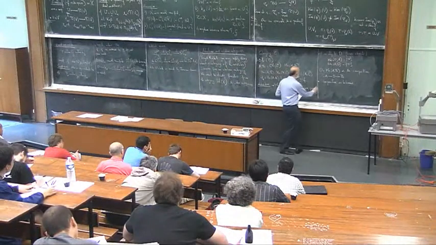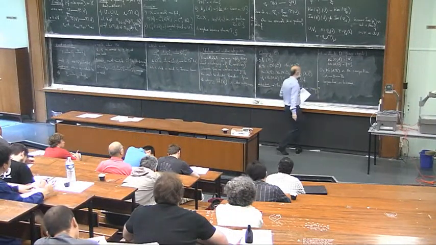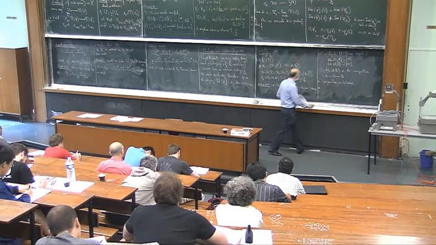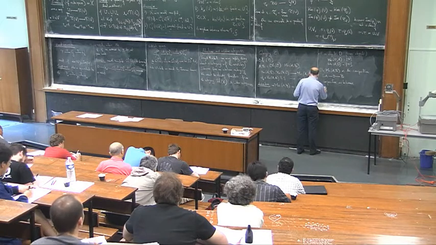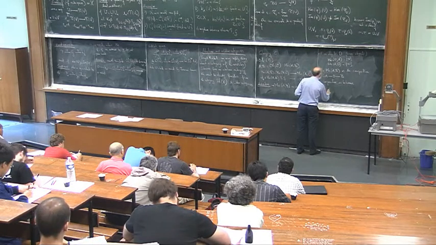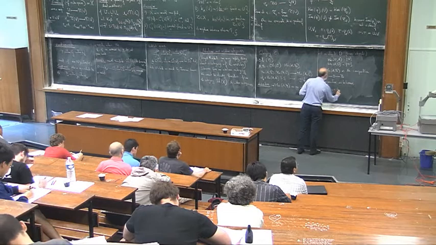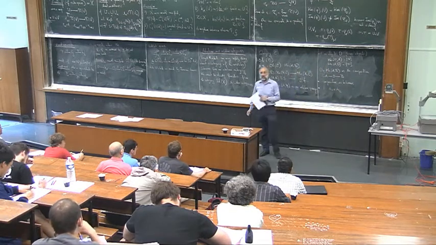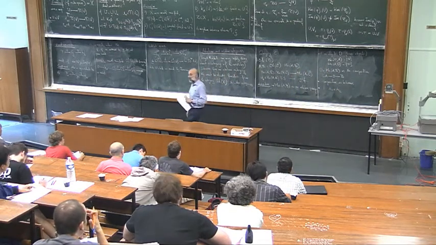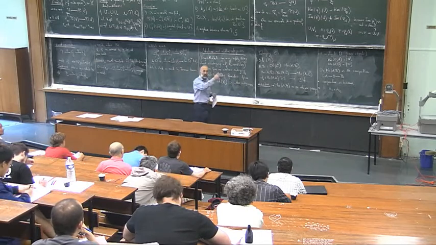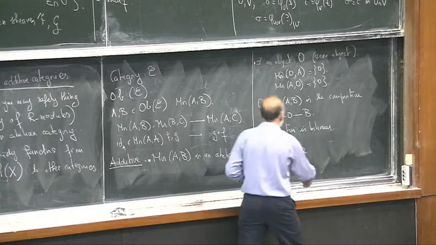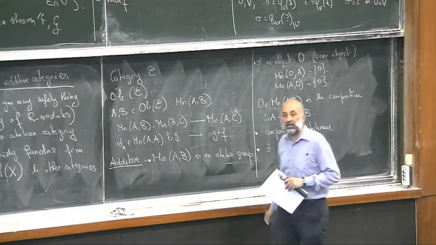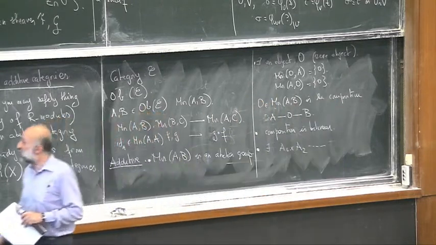To be honest, there's another property which I will not go into, which is that the category has what are called products and biproducts. Essentially, if you have two objects, you have the analog of A1 times A2, which is defined by a universal property, which I will not define here, and which is not so important.